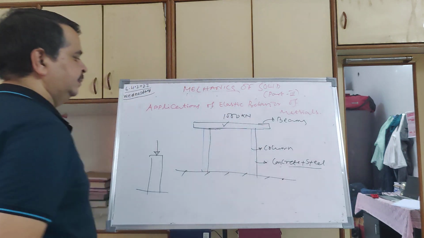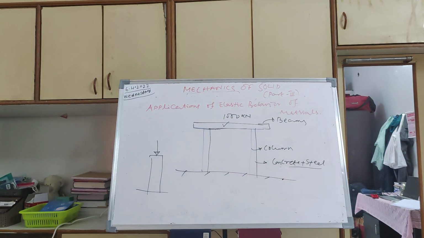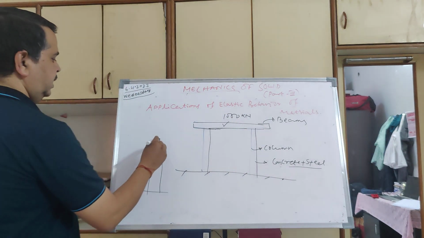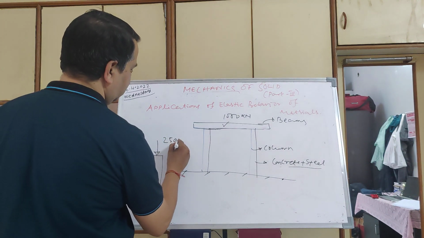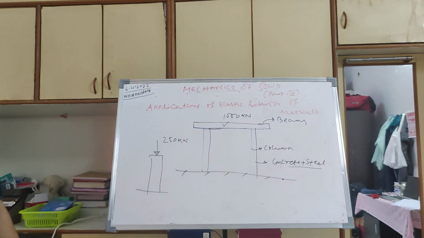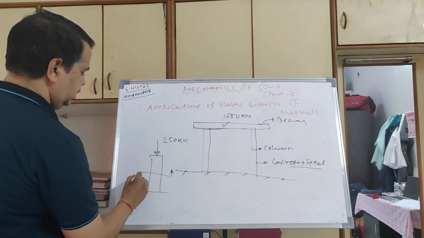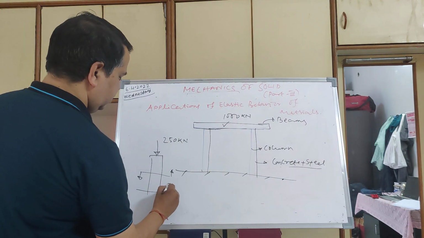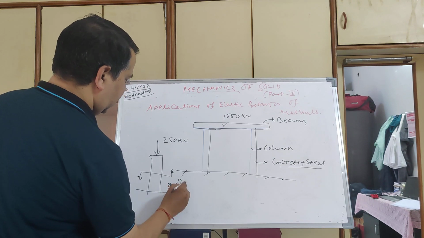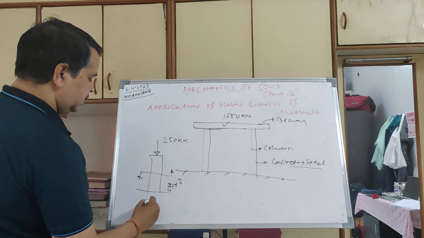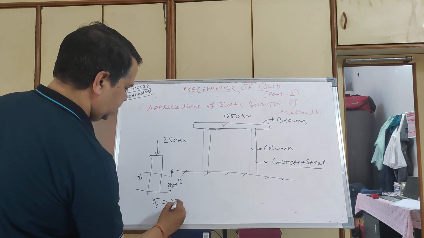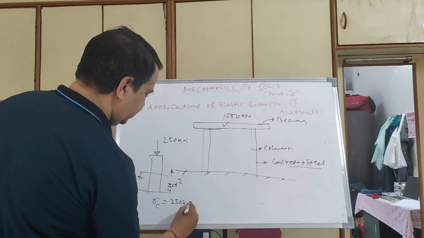Imagine there are 4 columns, so for each column 250 kilonewton load will come. If I know the cross-sectional area of this column, let us say it is circular, pi by 4 d square, I can find the compressive stress, which is nothing but 250 kilonewton divided by the area.